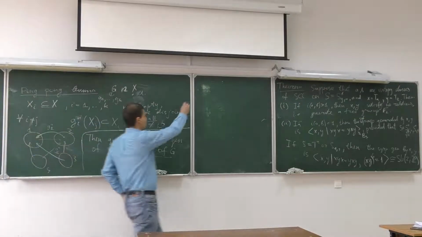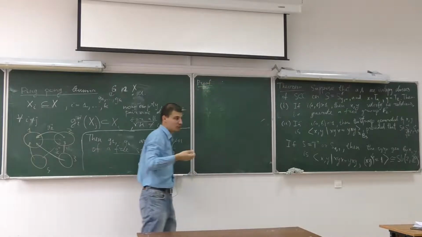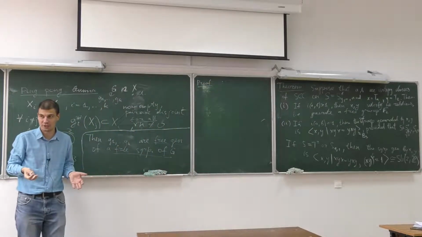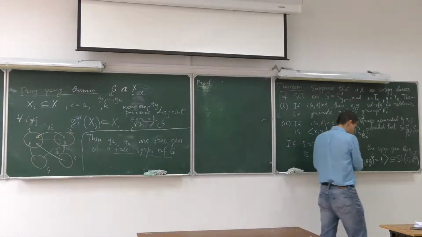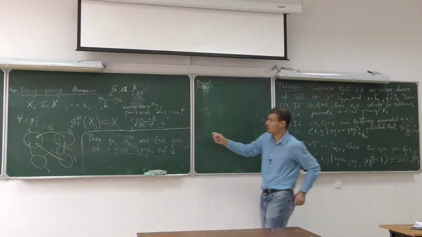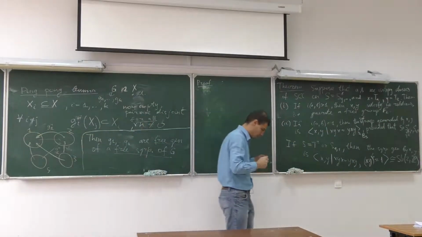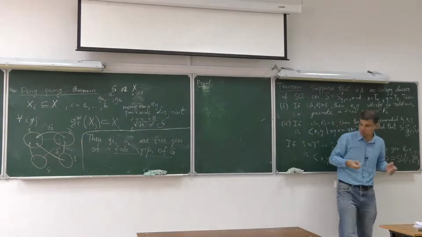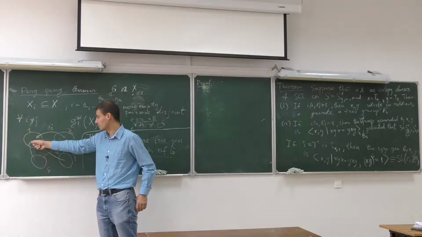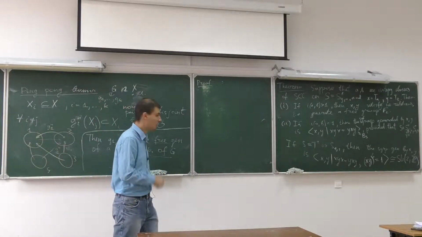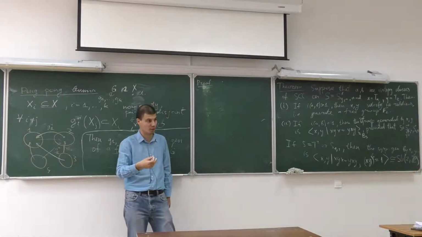Let us prove this lemma. Well, suppose that we have a relation. Then, okay, what is a relation? A relation is a word in our generators g_1, ..., g_n and their inverses, such that this product is equal to 1, but also such that this word is irreducible. What does it mean?